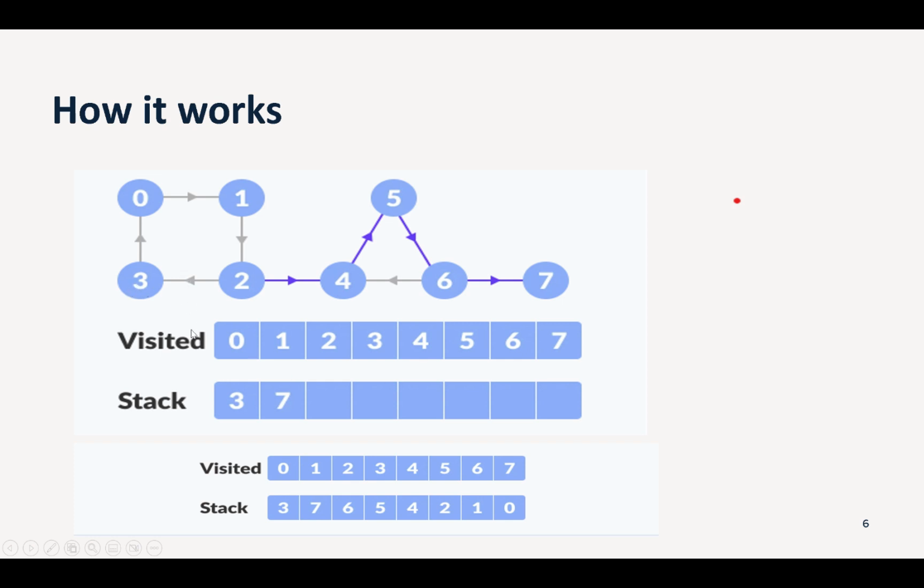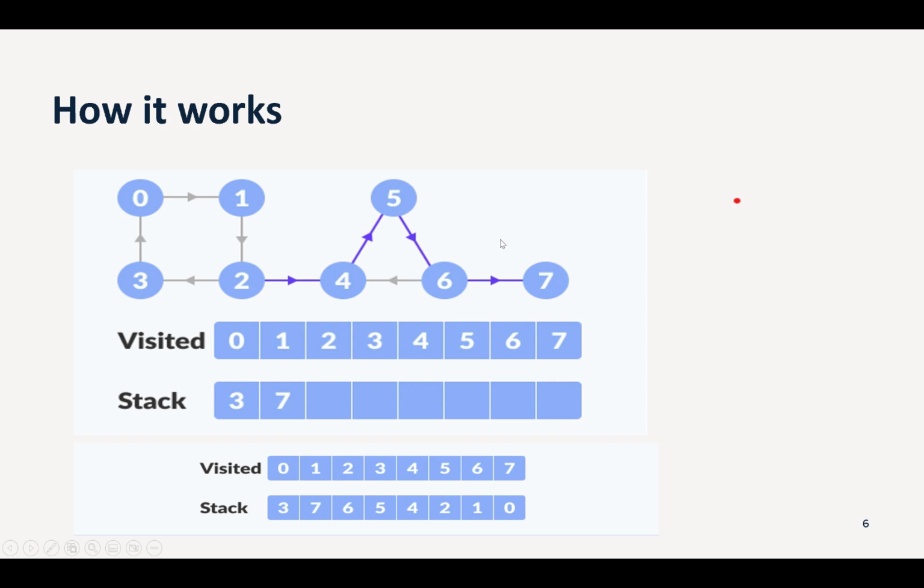Once 3 is pushed into the stack, I go to the next unvisited node, which is 4. From 4 we go to 5, then 5 points to 6, and then 6 points to 7. So 7 will be pushed to the stack.